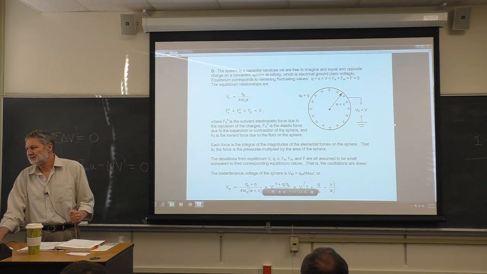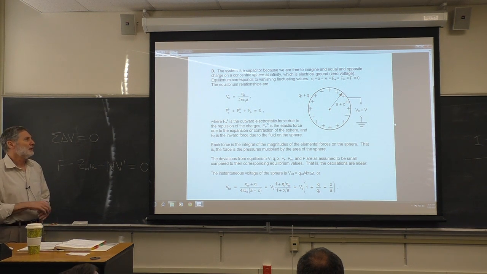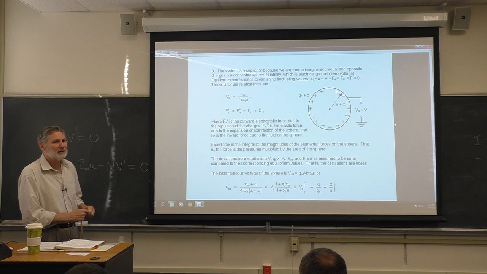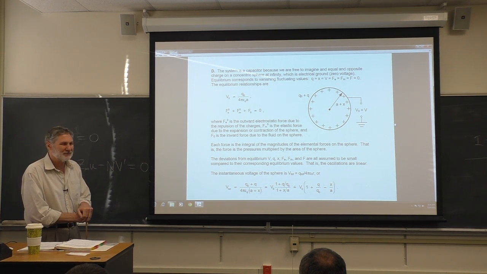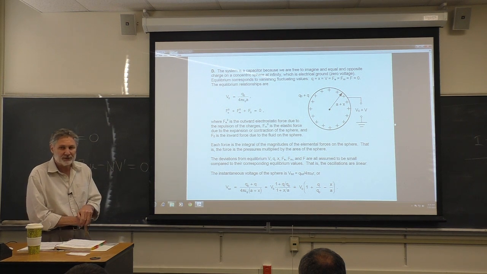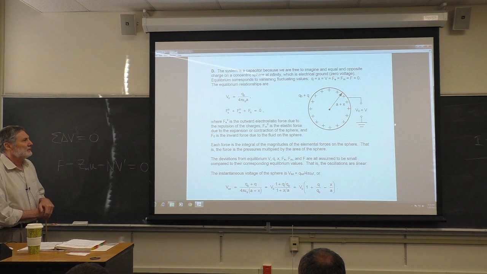Okay, so when I was preparing this course, I felt there had to be some problem on the electrostatic transducer, like the problem we did showing that the electrostatic transducer is reciprocal. So I started to think of a sphere. That's the subject of this.